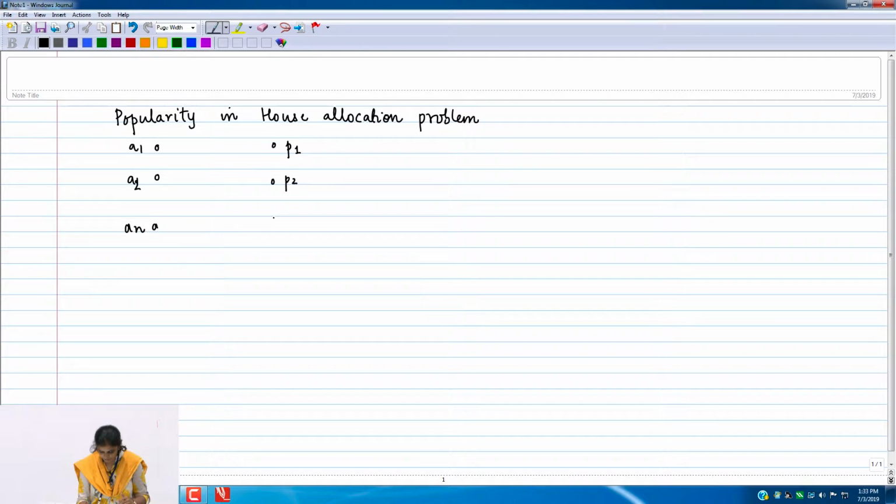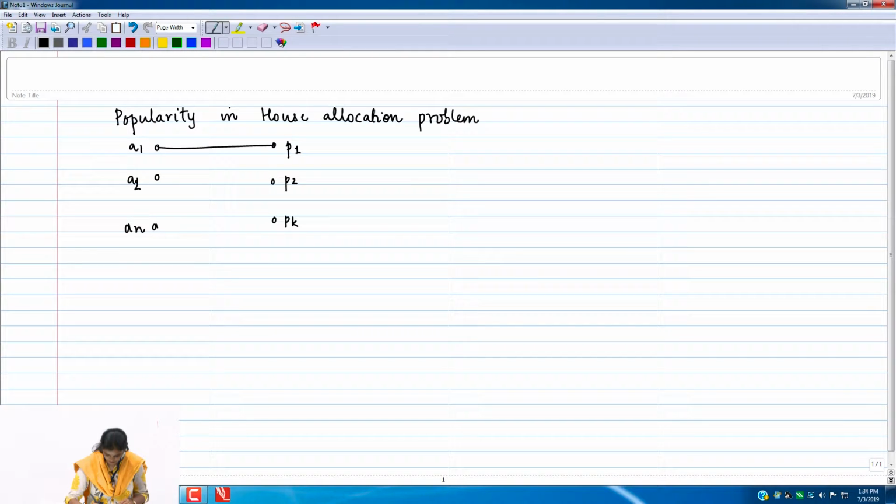So, we will call them P1 up to Pk, some number of posts. Again, for the sake of exposition, we will say that each post or each house can be allotted to exactly one person. And like what we had earlier, an agent adds an edge to a post if that applicant is interested in getting assigned to that post.